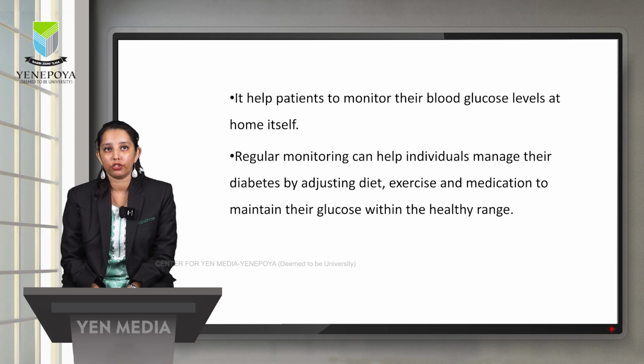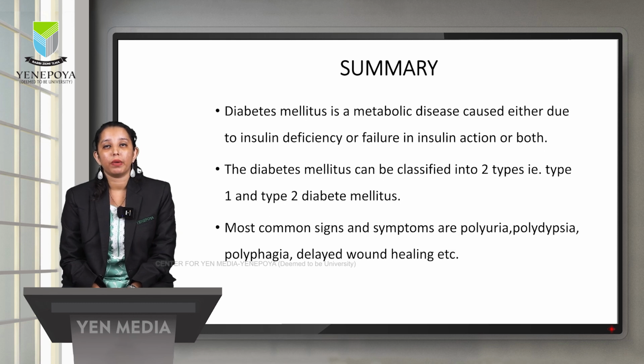Diabetes mellitus is a metabolic disease caused either by insulin deficiency or failure in insulin action, or both. Either there is improper production of insulin, or there is production of insulin but lack of action, or both. Diabetes is classified into two types, type 1 and type 2. Type 1 is insulin dependent diabetes mellitus and type 2 is non-insulin dependent diabetes mellitus.